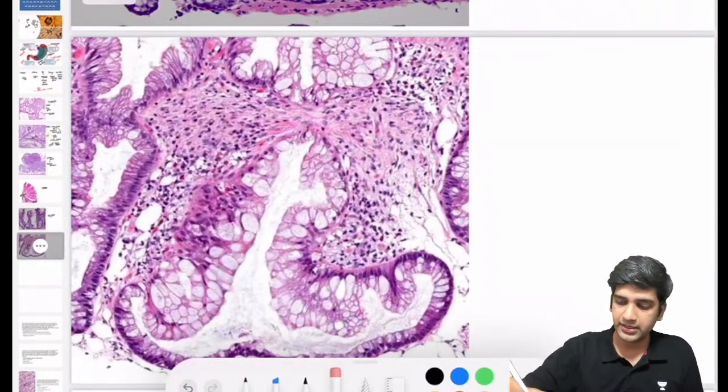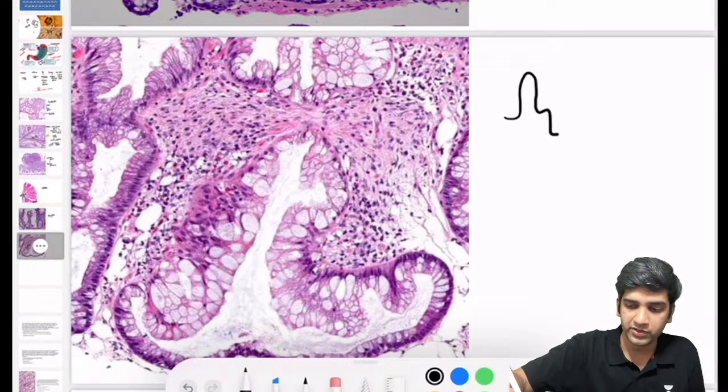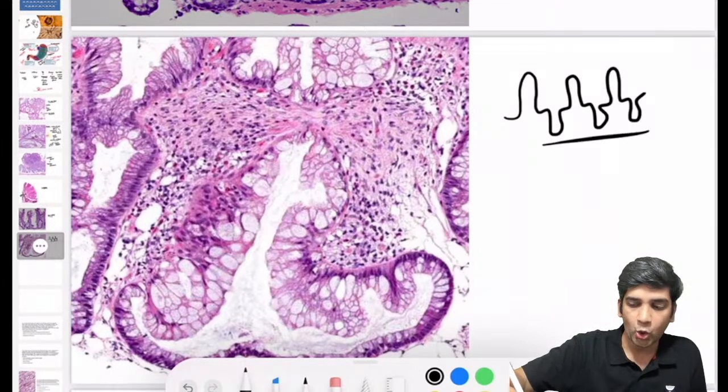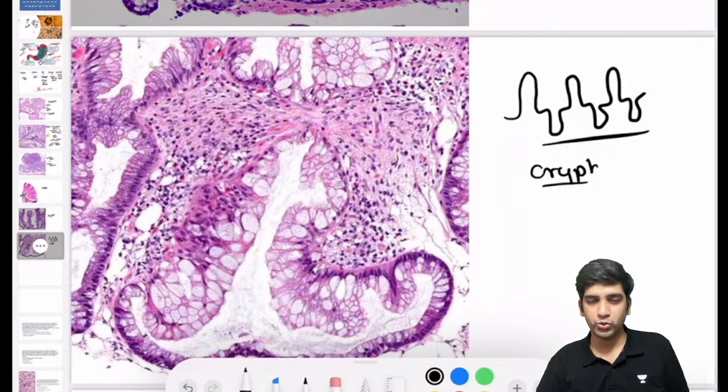Let's look at this. If you remember your crypt and villi, your villi will be on the top, and the crypt will be like this, the crypt of Lieberkühn, right? Can I say that all the crypts in the intestine will be U-shaped only? Undoubtedly, yes. Crypts of the intestine should be U-shaped, right?